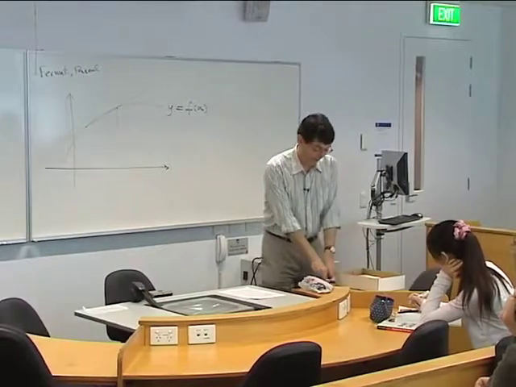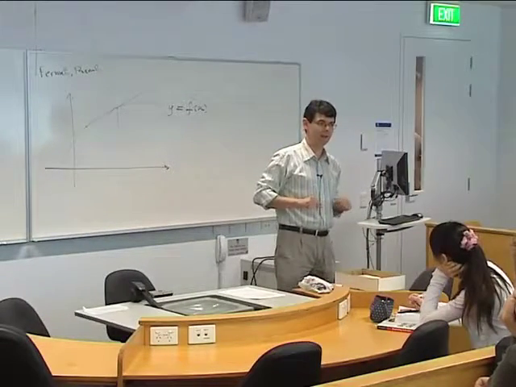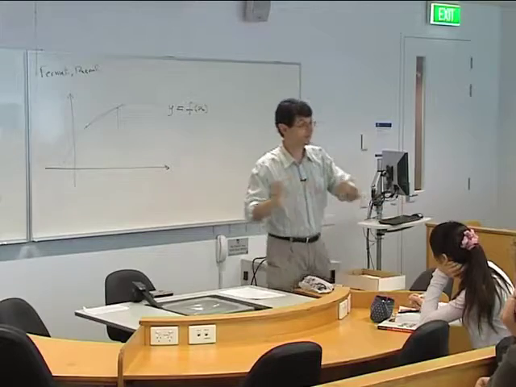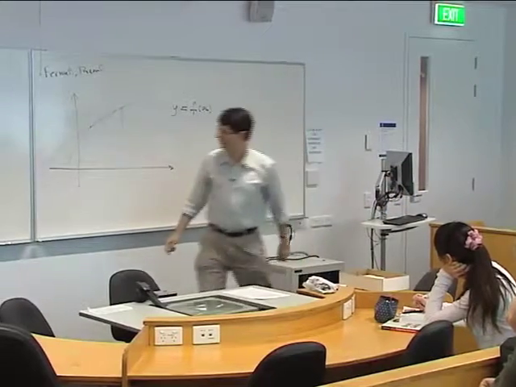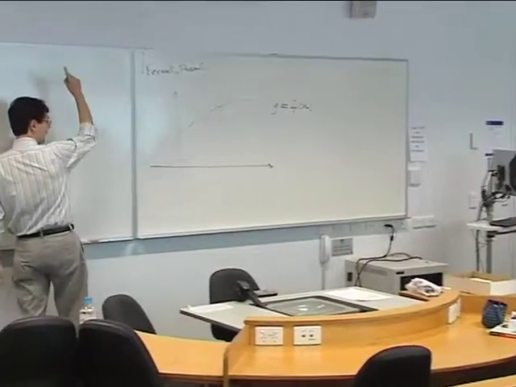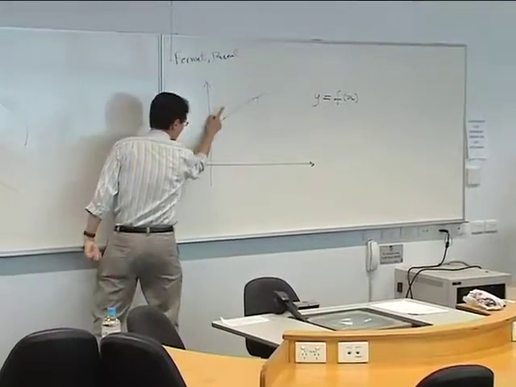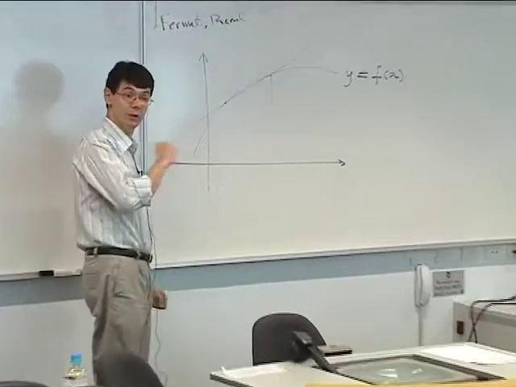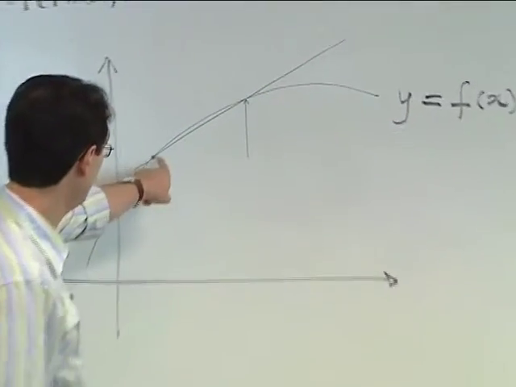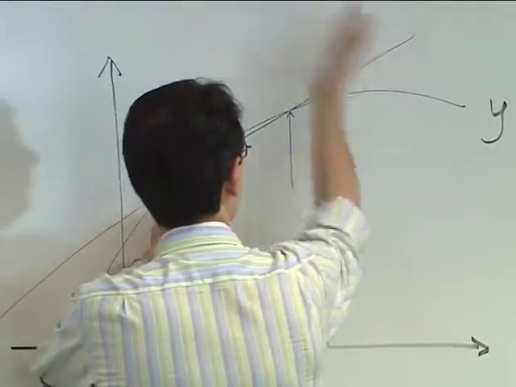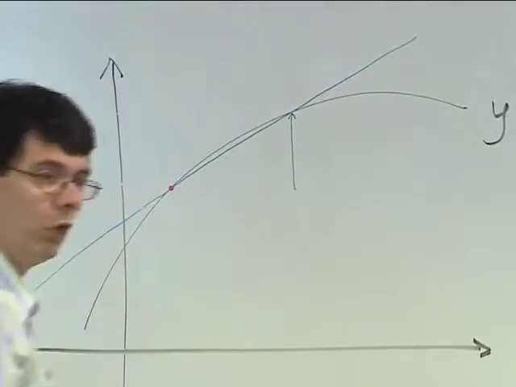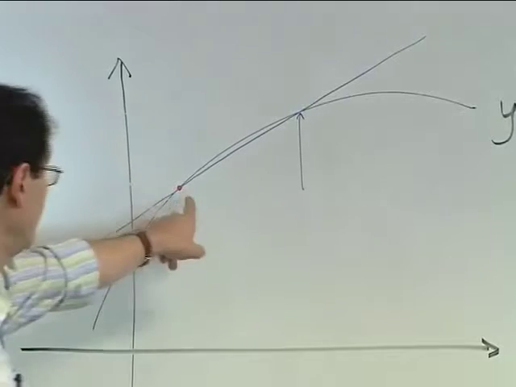Now I'm going to go back to my mechanistic ways, things that have movement. But instead of getting my blue line from outside and touching on that point, here's how I'm going to move the line. I'm going to keep this point fixed, and I'm going to spin the line around. So you're allowed to spin the line about this point.